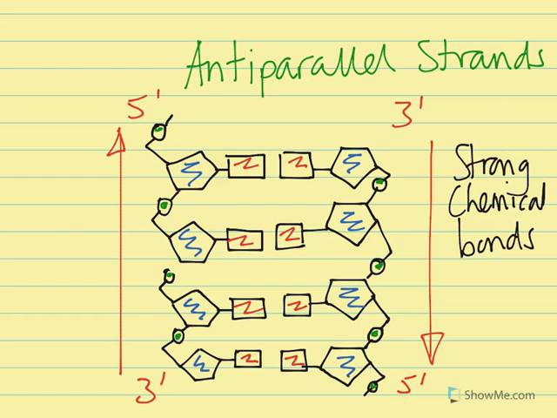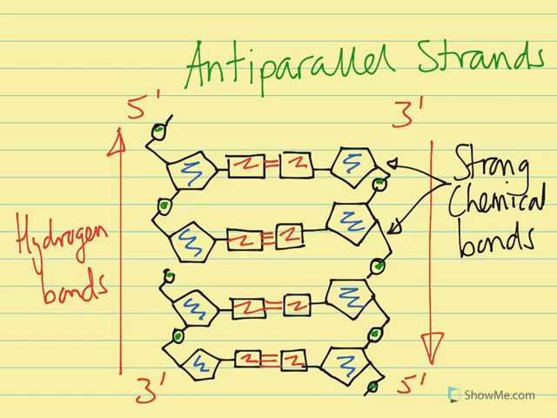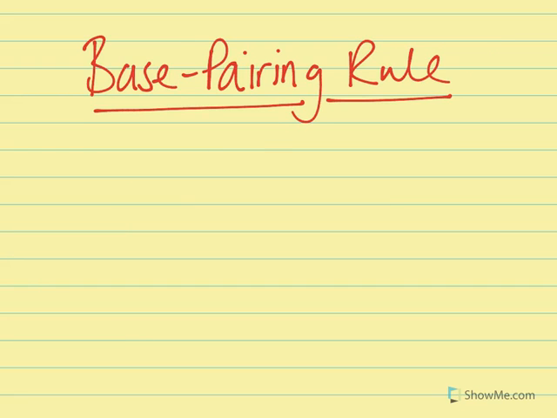Also, in the sugar phosphate backbones of each strand, there are strong chemical bonds that hold them together, and in between the bases there are weak hydrogen bonds that will hold the bases together. They would be there in between the bases of the two strands.